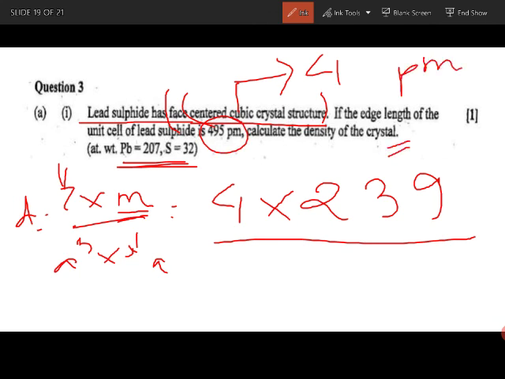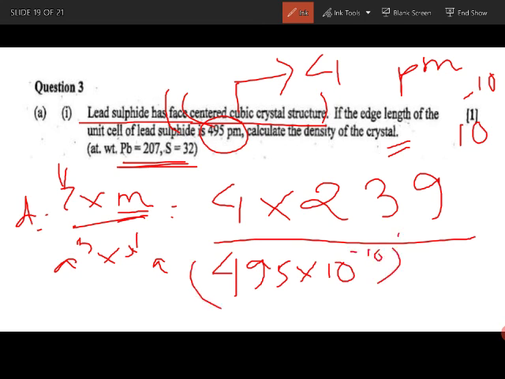So it will be equal to 10 to the power minus 10. Am I clear? So that means you will be getting 495 into 10 to the power minus 10 whole cube, into Avogadro's number, all of you know this, 6.023 into 10 to the power 23.